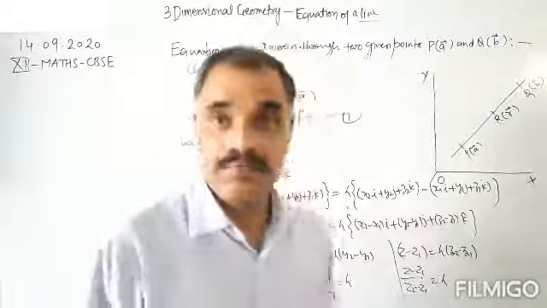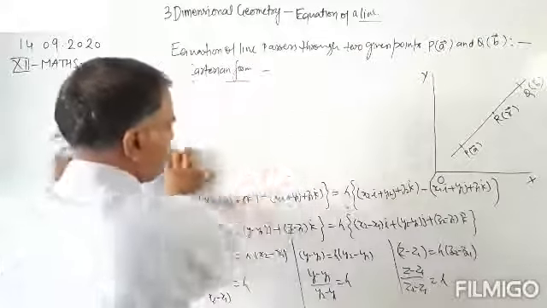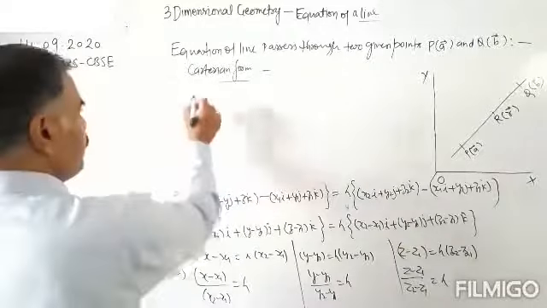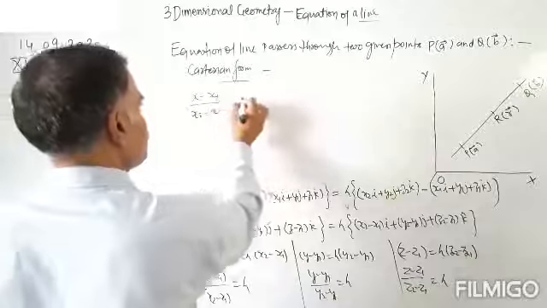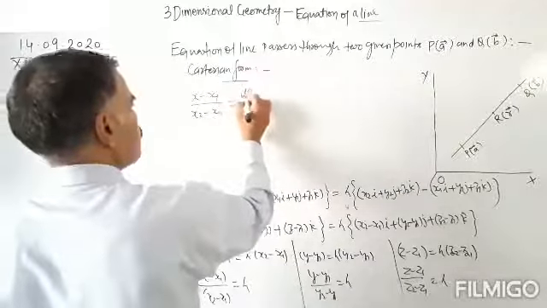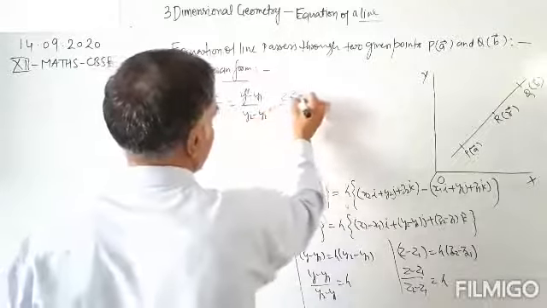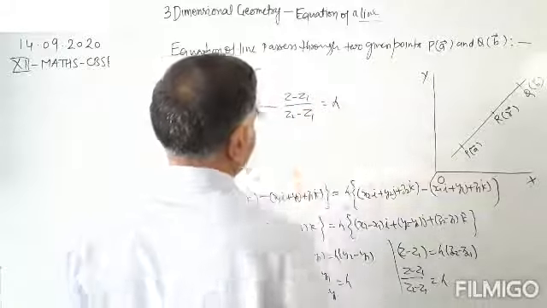All these are values of lambda, and the value of lambda will always be the same. So equating the values of lambda, we have x minus x1 upon x2 minus x1 equals y minus y1 upon y2 minus y1 equals z minus z1 upon z2 minus z1, and this equals lambda.